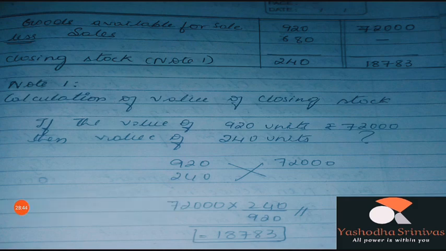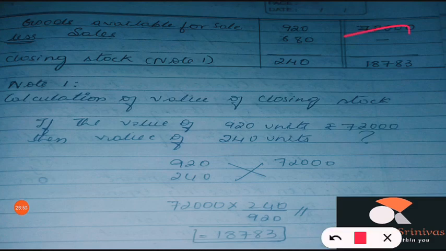Next, you have to consider less sales. Please be very careful. You have to write 680 units, which is actually the units you have sold.